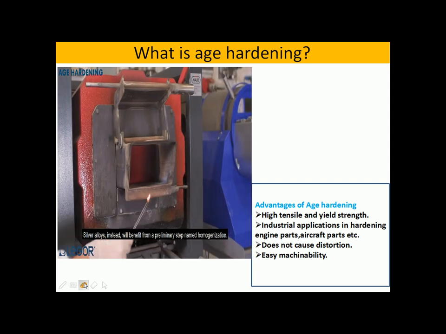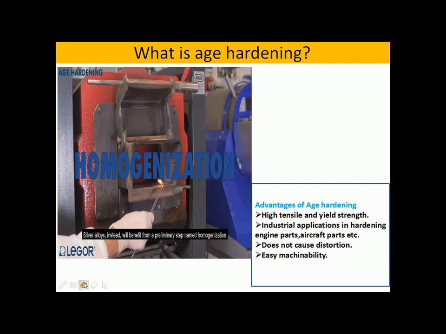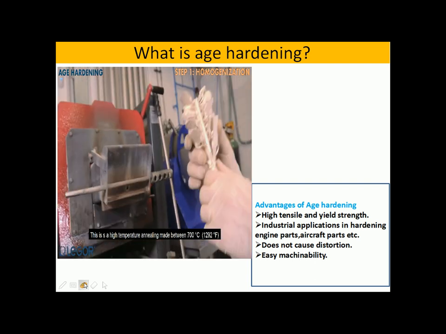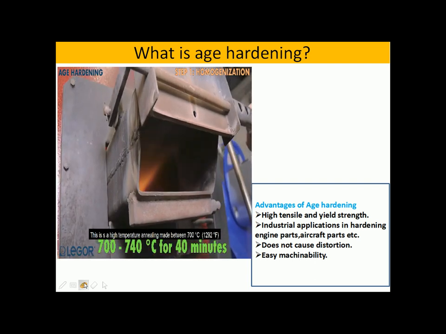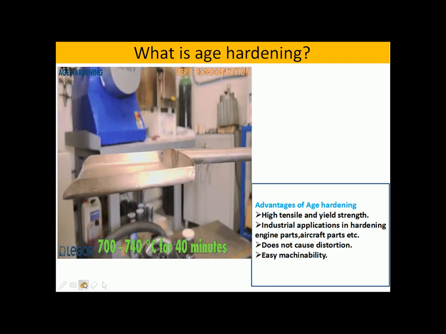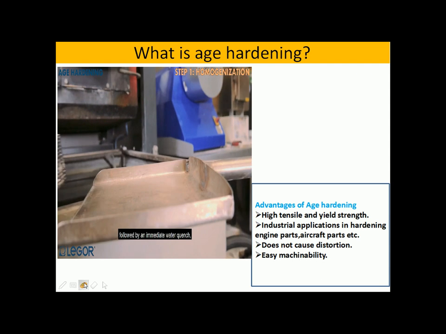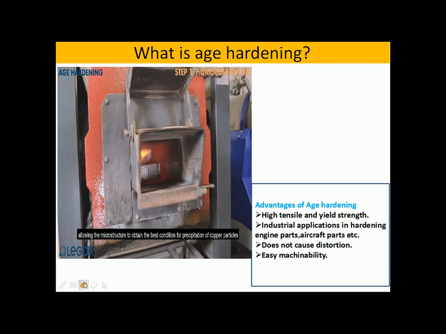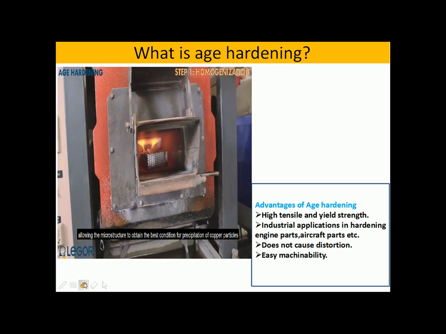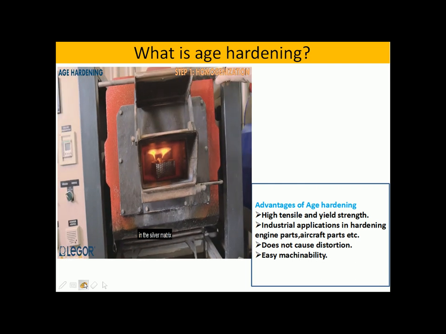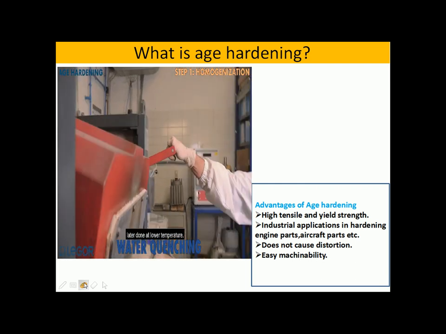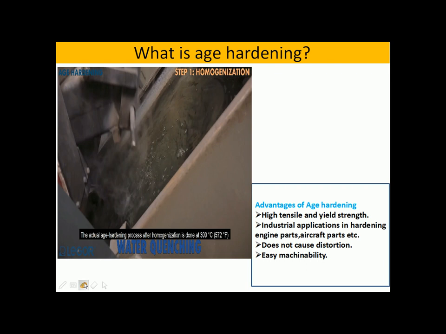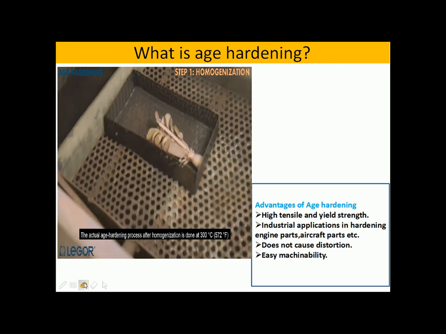The actual age hardening after homogenization is done at 300 degrees Celsius for 60 minutes, followed by air quenching. First high temperature is given, after that low temperature is given.